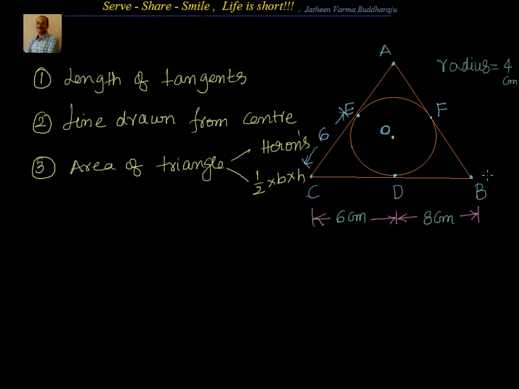Similarly, if DB equals 8, BF also will become 8, according to the theorem that lengths of tangents drawn from an external point to the circle are equal.